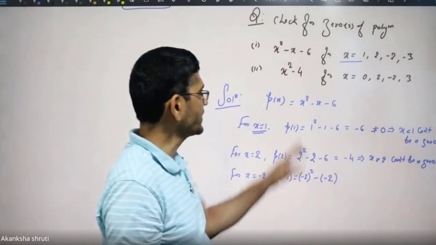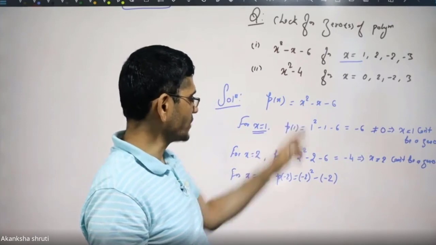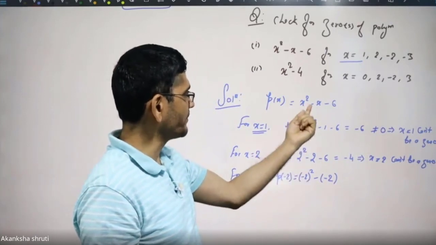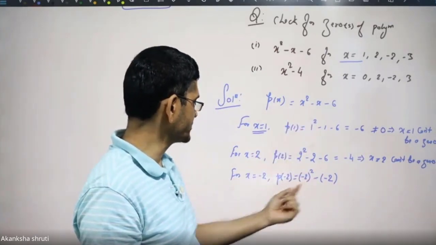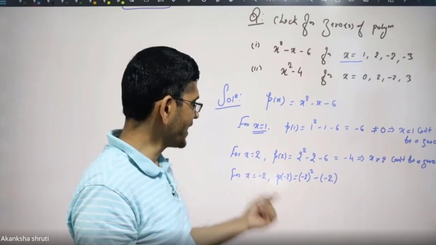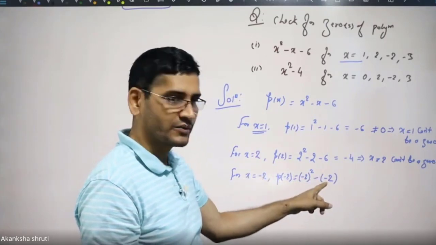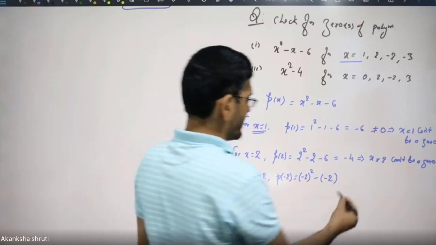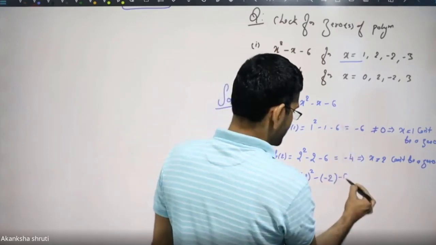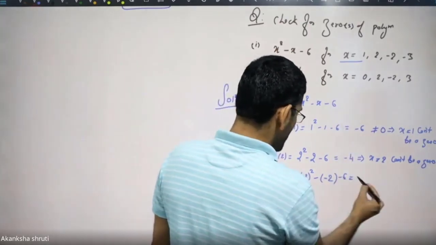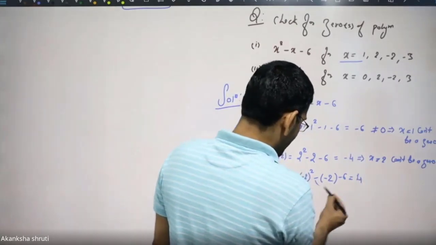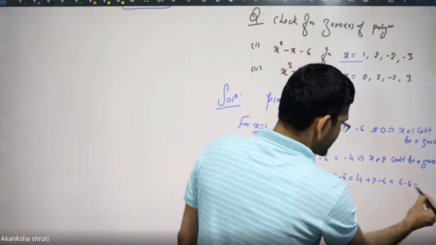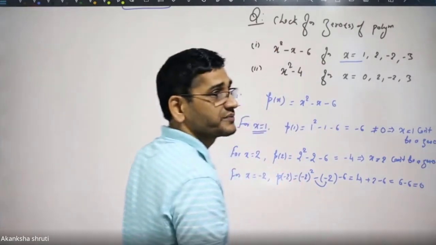Keep in mind it was x squared, so (-2) squared. The minus symbol we take as it is, and since x itself is negative, take another bracket and put the minus in. So (-2) squared minus (-2) minus 6. It becomes 4, this minus will change the sign, and this is coming as 0.